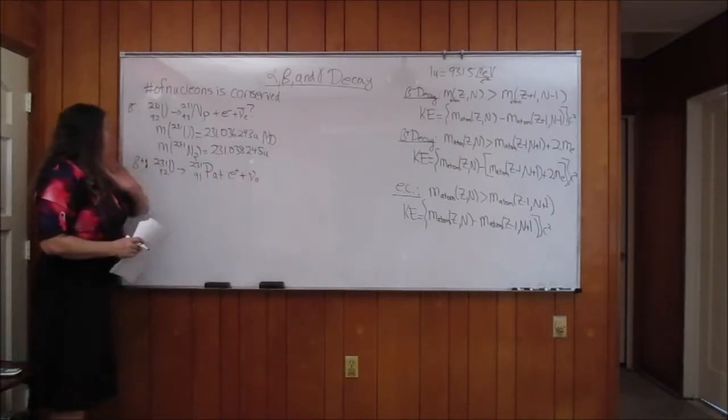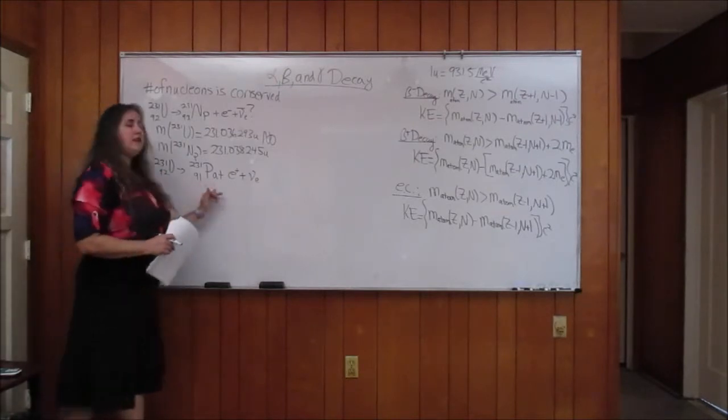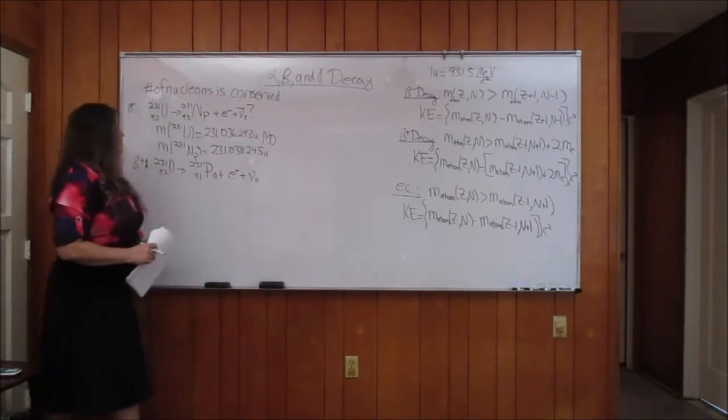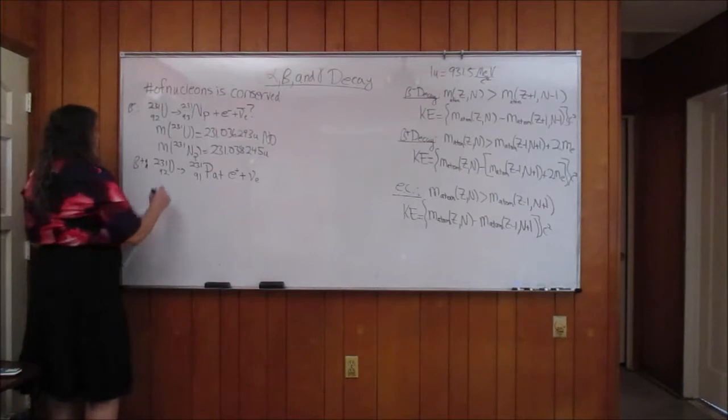And such a decay would be U-231 decaying into protactinium-231 plus a positron plus a neutrino.